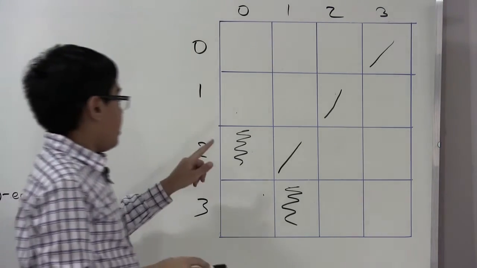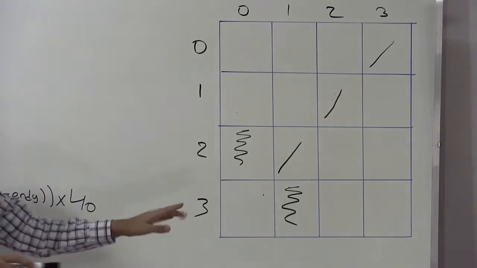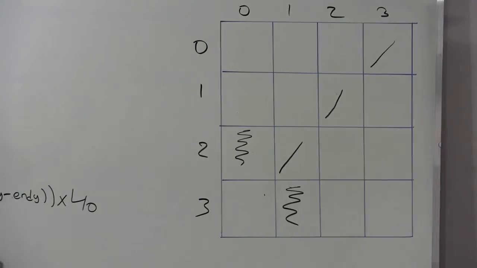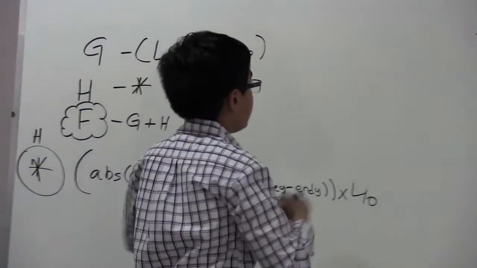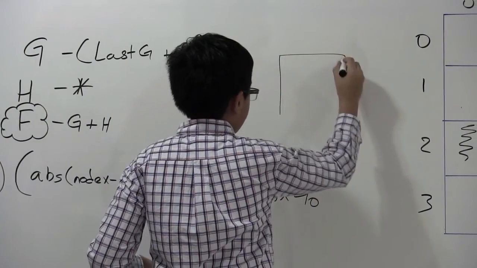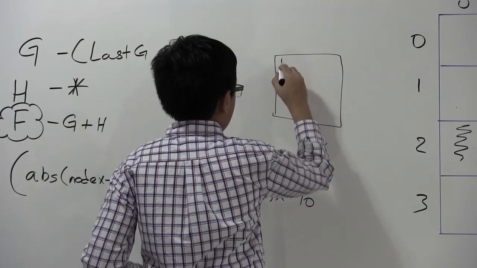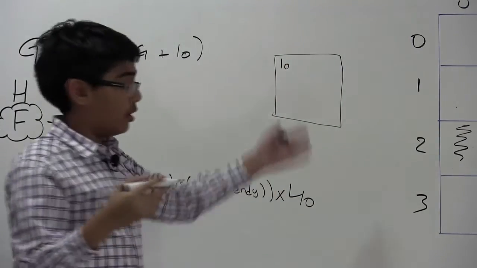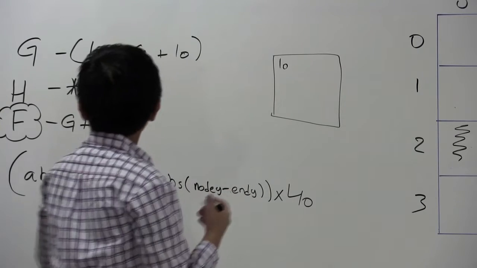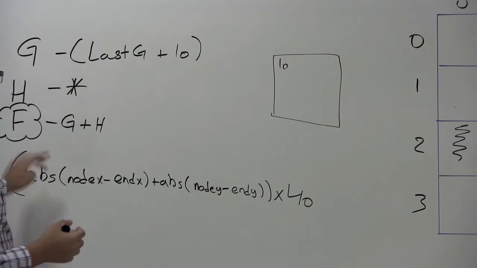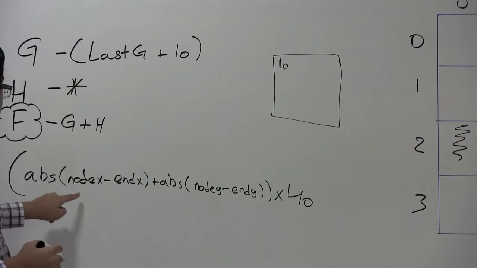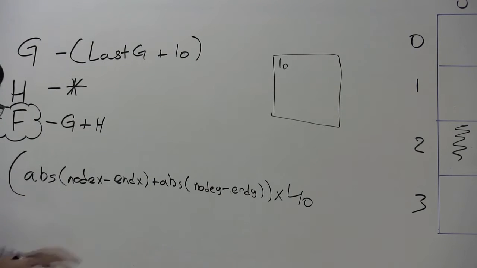Coming back to the point, let's find the G, H, and F values for this specific node. As you can see, we've already calculated the G cost, which will be 10 due to it being the first node that we're traveling to. Then we calculate the H value. So our node X, okay, let's actually fill in the blanks over here.